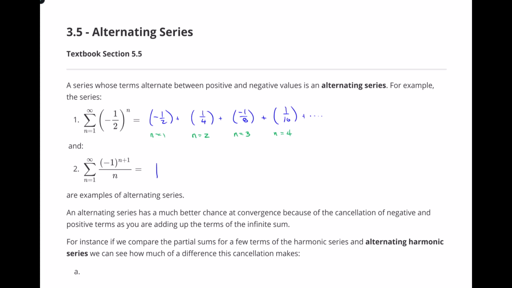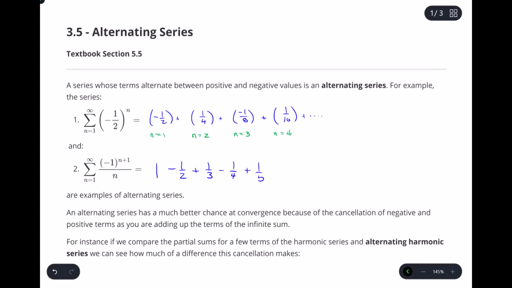Then when n is 2, this would be (-1) to the third, which is negative, over 2, so -1/2. And then when n is equal to 3, I have (-1) to the fourth, which is even, so that becomes +1/3, and then it would be minus a fourth, plus a fifth, and continue this pattern forever.